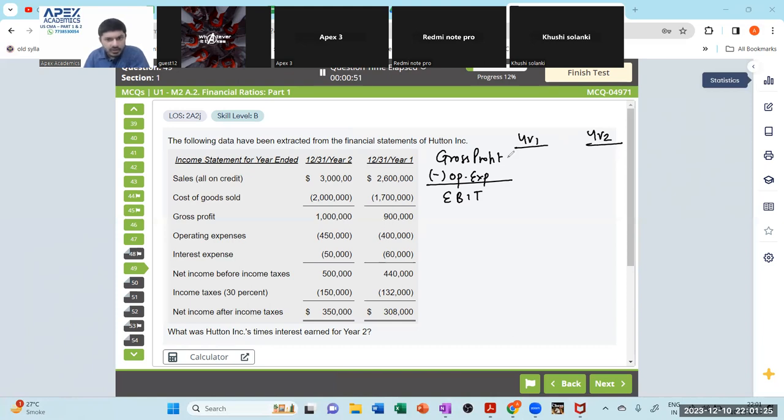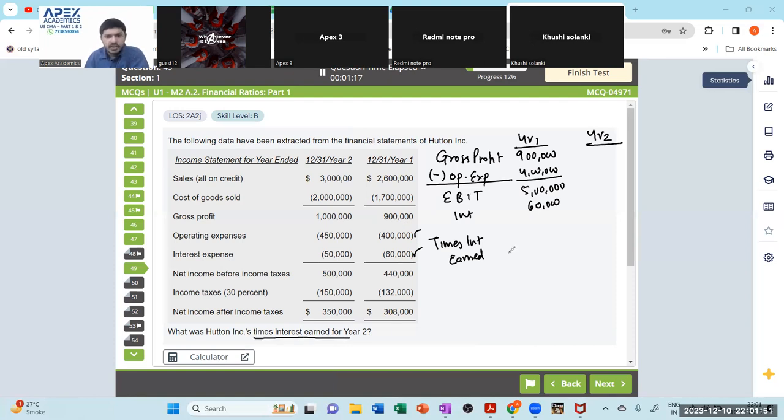Gross profit for year 1 is how much? 9 lakhs. And operating expenses are how much? 4 lakhs. What is your EBIT? 5 lakhs. What is your interest? 60,000. What is my ratio? Times interest earned.